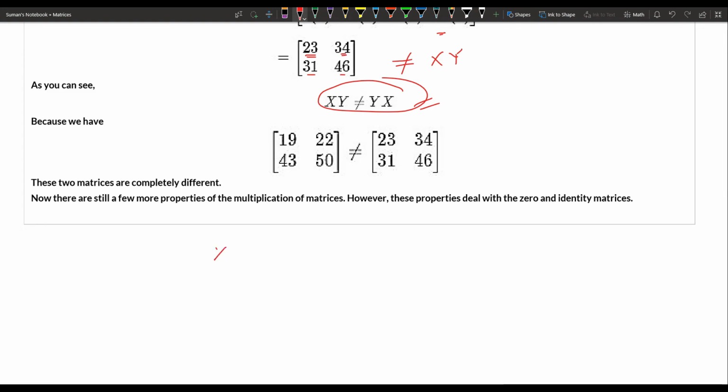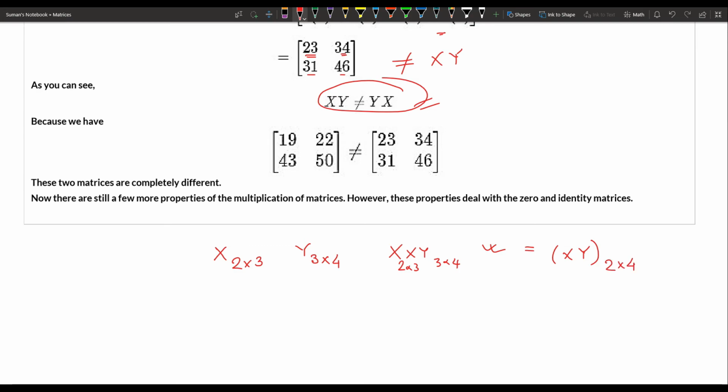Let's check with another example. Suppose x is a matrix of order 2 cross 3 and y is a matrix of order 3 cross 4. So we can follow x cross y, that means 2 cross 3 and 3 cross 4. The matrix multiplication is possible and we have a resultant matrix xy of order 2 cross 4.